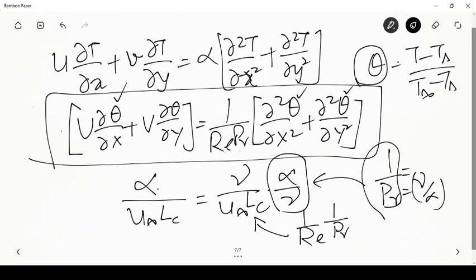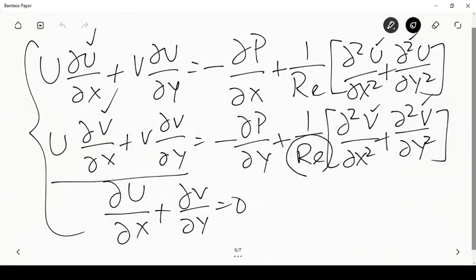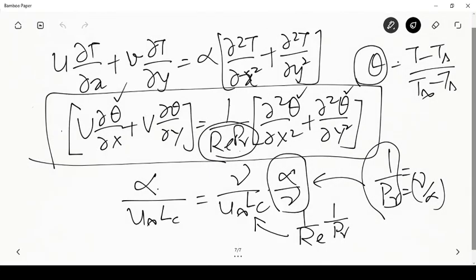So that looks very similar. The coefficient that multiplies it in the case of the momentum equation is 1 over Re, and in the case of the energy equation it is 1 over Re Pr. The difference you can see is that it is alpha by u infinity LC instead of nu by u infinity LC. Though there is a ratio of alpha by nu, or 1 over Prandtl number.